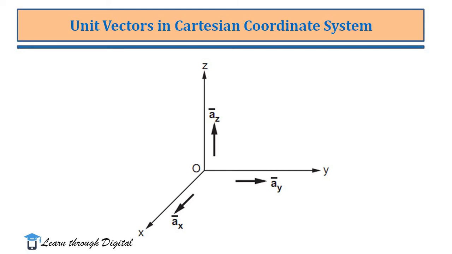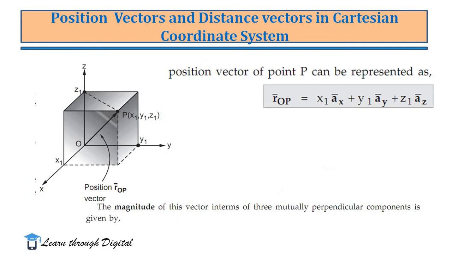So any point on x-axis having coordinates (x, 0, 0) can be represented by a vector joining origin to this point is denoted as ax vector. So the unit vectors are very important in representing a vector in terms of its component along with the three coordinate axes and position vectors and distance vectors in Cartesian coordinate system.